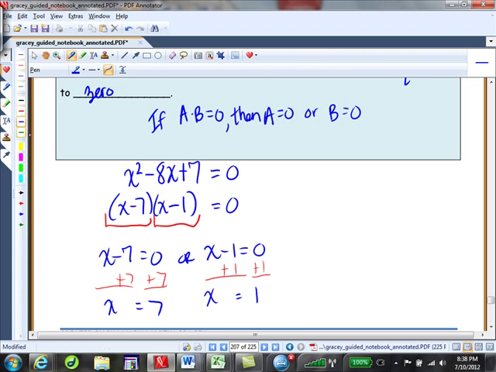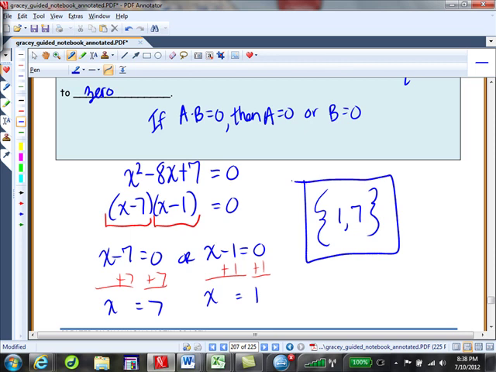And then, in our roster notation, meaning that only a result of x equals 1 or x equals 7 will satisfy the quadratic equation. So you've solved your first quadratic equation. How do you feel? I bet you feel fabulous.